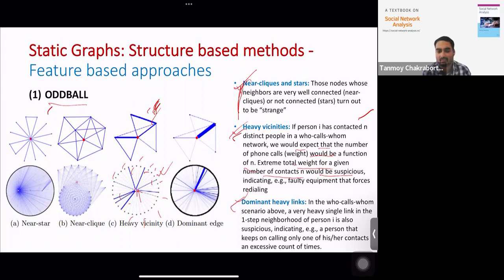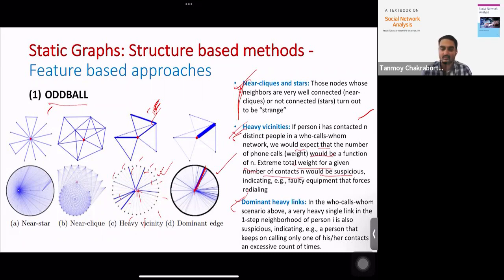Think of this who-calls-whom network. Now if there are one or two such edges with extremely high weights, for example in this case you see this edge has extremely high weight, you can say that this is definitely an anomalous behavior. In a who-calls-whom network, this kind of thing happens in many ways.